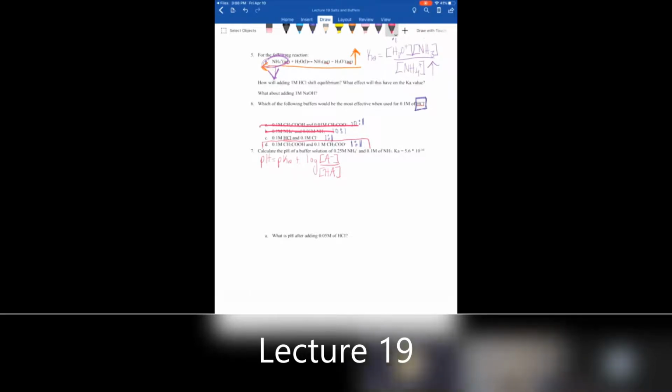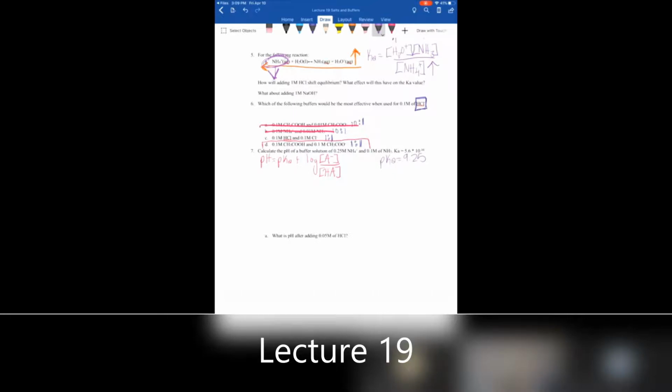Okay. So you don't have your pKa, but you have your Ka. So we can solve for pKa by doing negative log of 5.6 times 10 to the negative 10. And the pKa is 9.25. Okay.